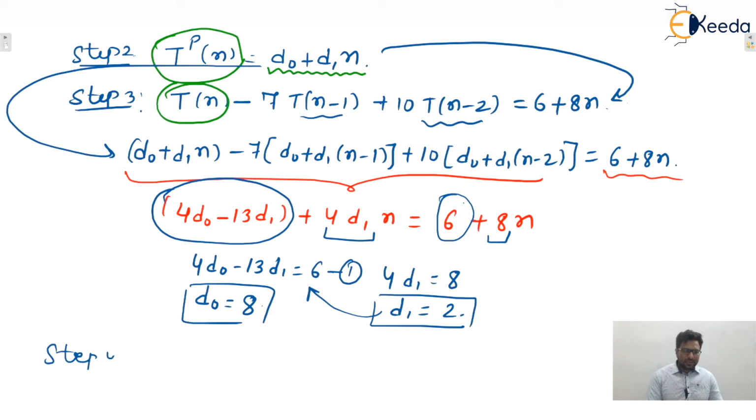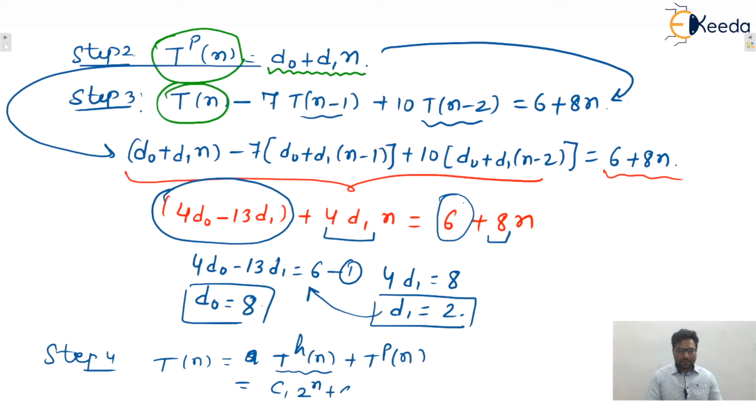Next, what is step 4? In step 4, Tn will be the homogeneous solution plus the trial particular solution. What will be the homogeneous solution? You already found that one: C1 2 raised to power n plus C2 5 raised to power n.